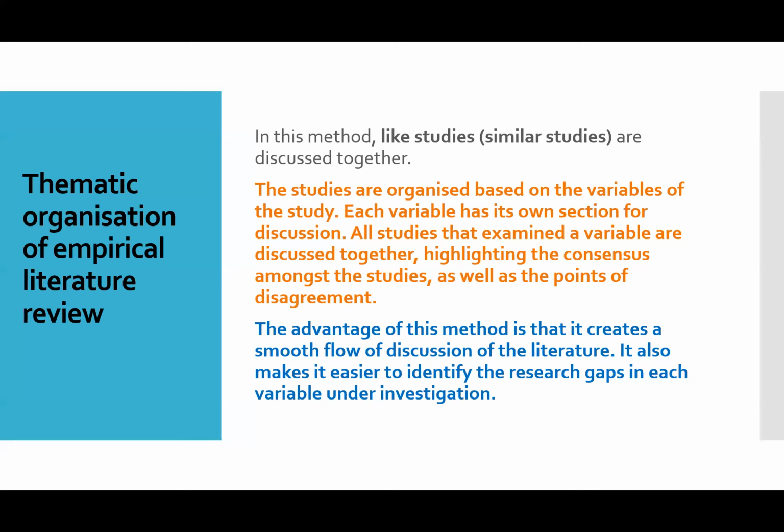This is arranging your review of literature according to theme, meaning you look at similar studies and put them together, and discuss them, looking at the variables or the methods, but you arrange them according to theme. So that's the second way of writing your literature review.